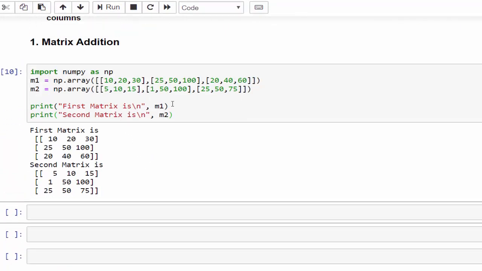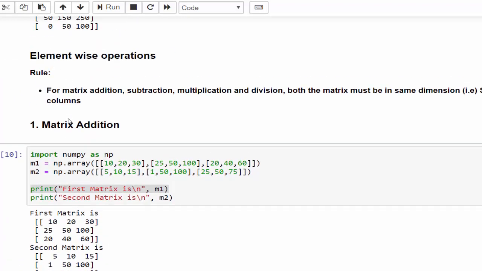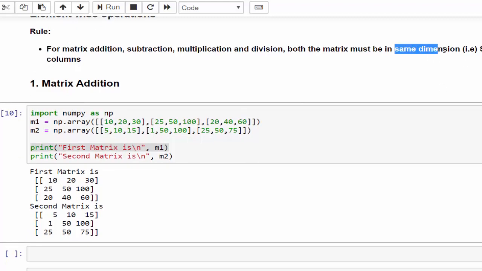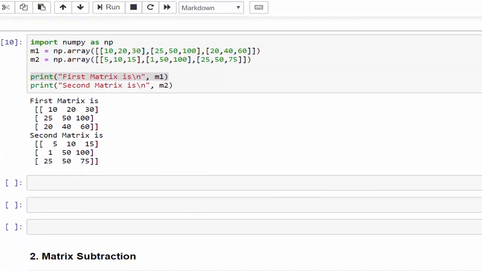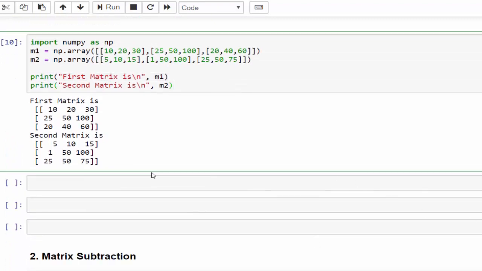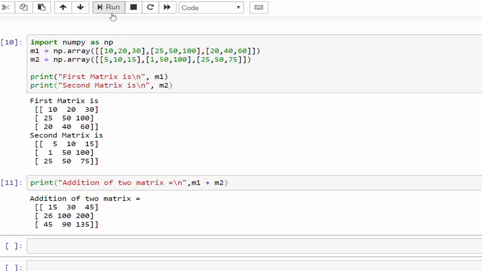So you can see here the first matrix is this one, 3 rows 3 columns, and the second matrix also 3 rows 3 columns. Whenever you want to perform a matrix operation, make sure they are in the same dimension. If not, it will throw an error. Let's do the addition. For addition of two matrices, you write M1 plus M2. Straightforward. Just run it.